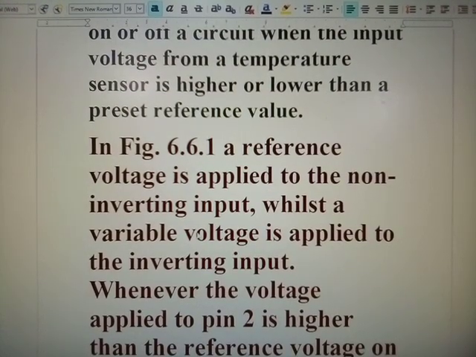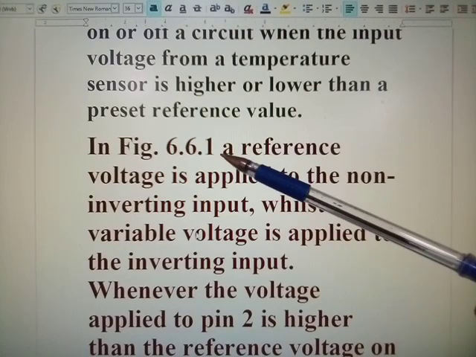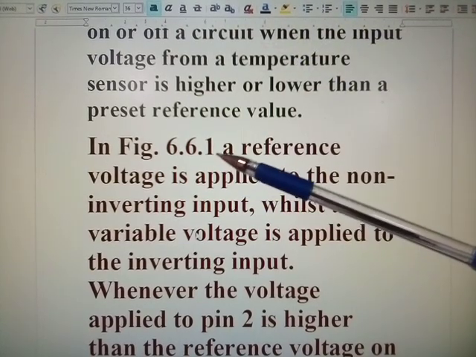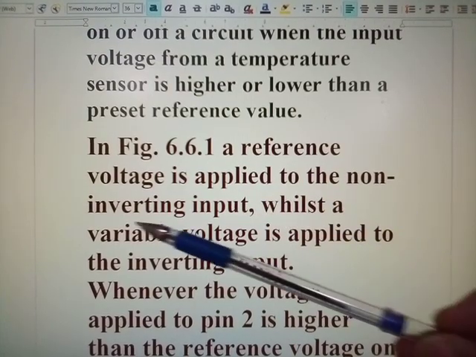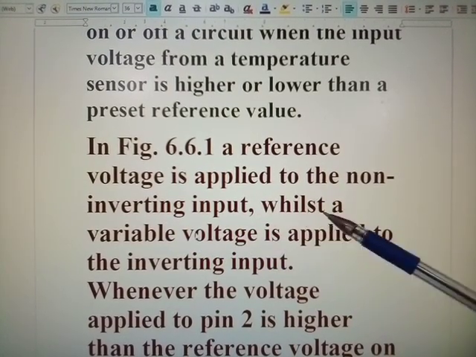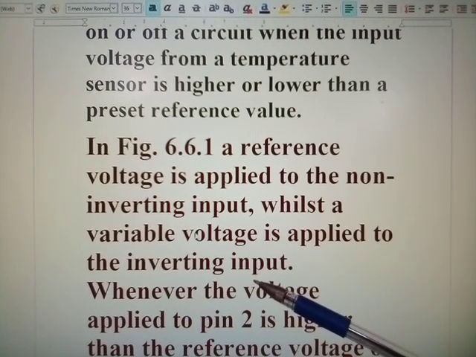Now look back at the figure I've just shown you, figure 6.6.1, which is previously shown. A reference voltage is applied to the non-inverting input, whilst a variable voltage is applied to the inverting input.